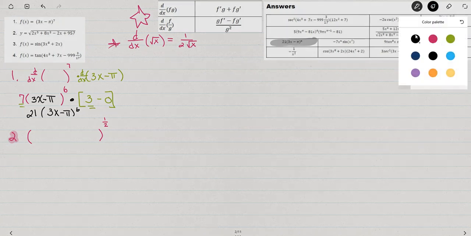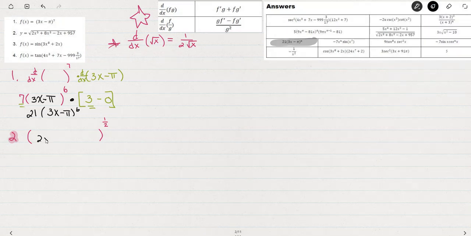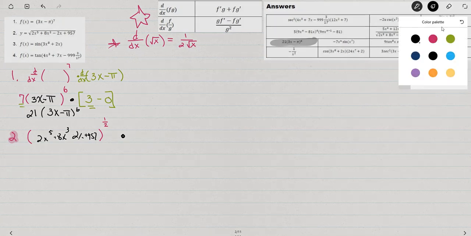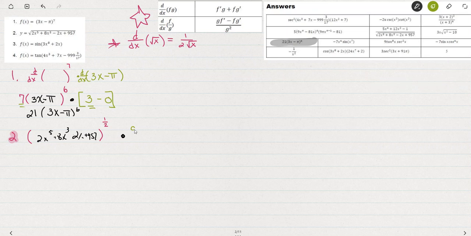And the radicand is this 2x to the 5th plus 8x cubed minus 2x plus 957. Oh, sorry, that came out a little messy. And then I'm going to multiply the derivative of the outside, so the derivative of a square root, times the derivative of this radicand, this thing that's on the inside.